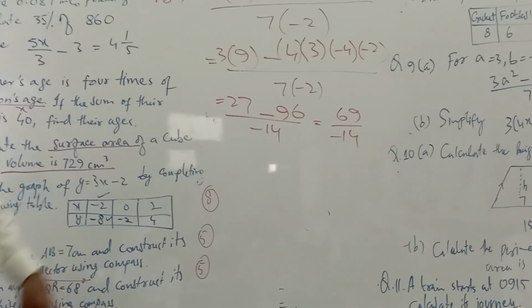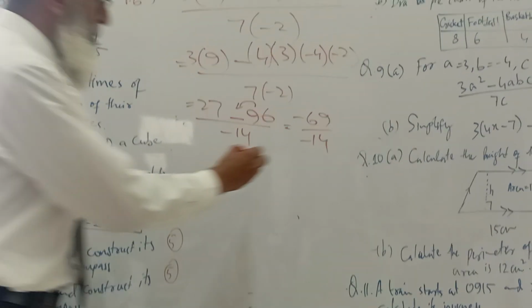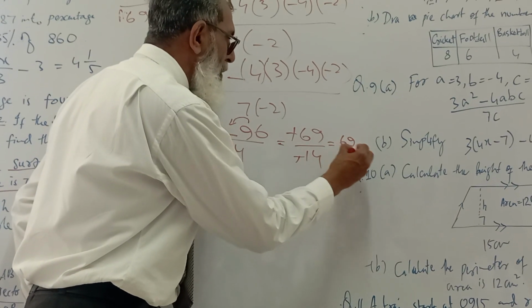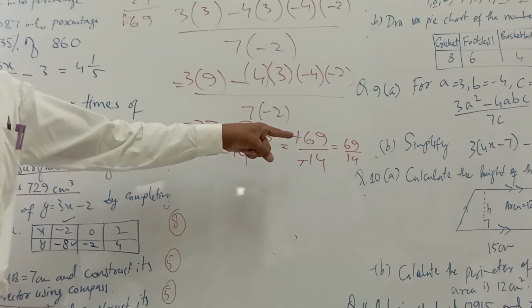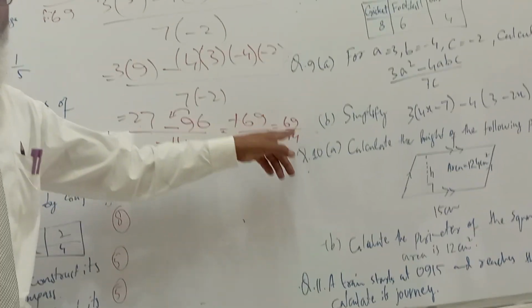You can see the bigger number has the minus sign, so the answer is minus. So we say minus 69 over 14. This cannot be simplified further, but we can convert it into a mixed fraction because it is improper.